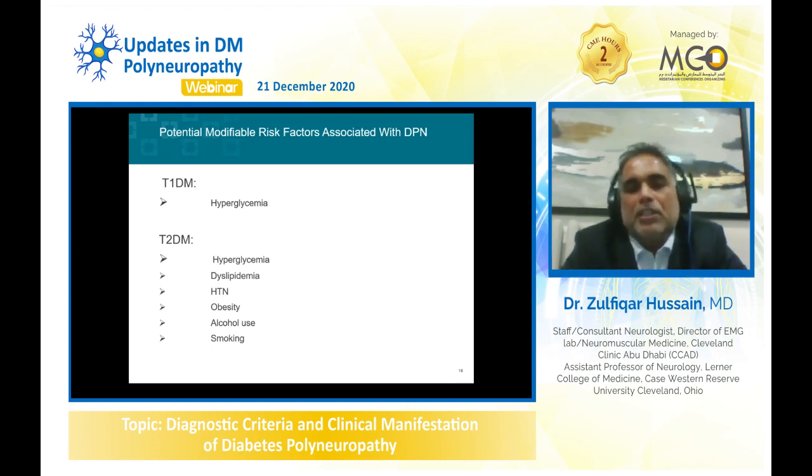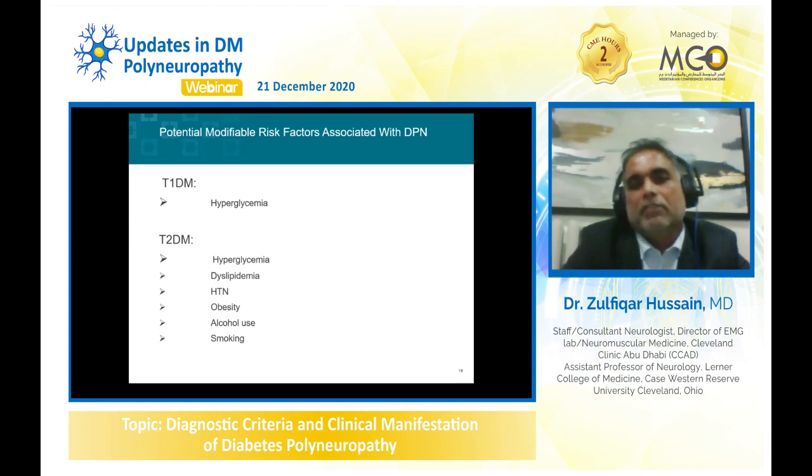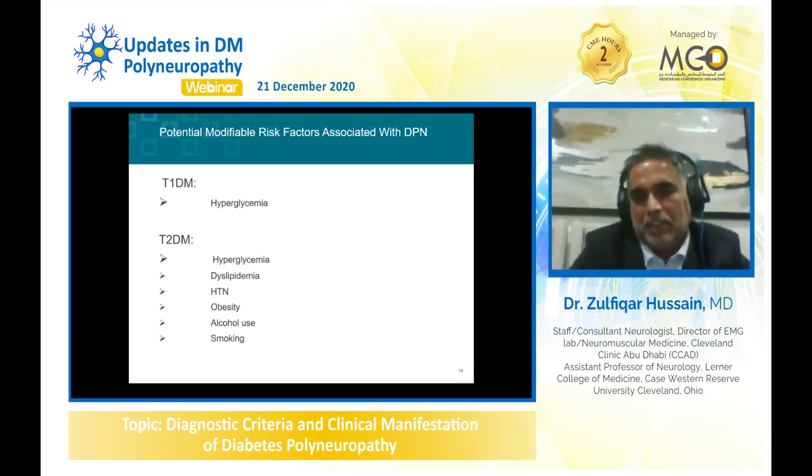The main reason is that there are other vascular risk factors, mainly hyperlipidemia, hypertension, and smoking. They have been proven to be independent risk factors for the development of peripheral neuropathy in type 2 diabetes patients.